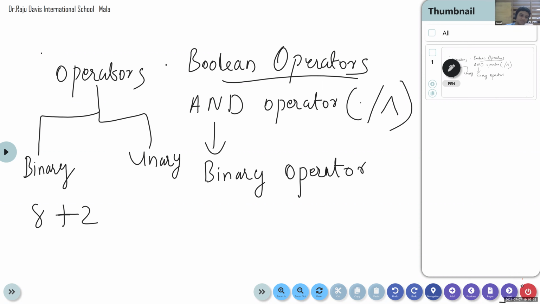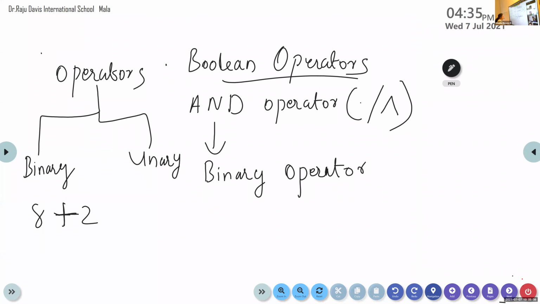8 plus 2, that is 10. So for this plus operator we need minimum two operands, so plus is known as a binary operator. Binary means 2.